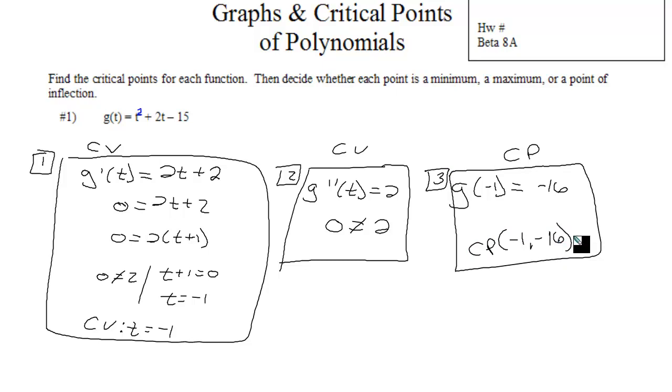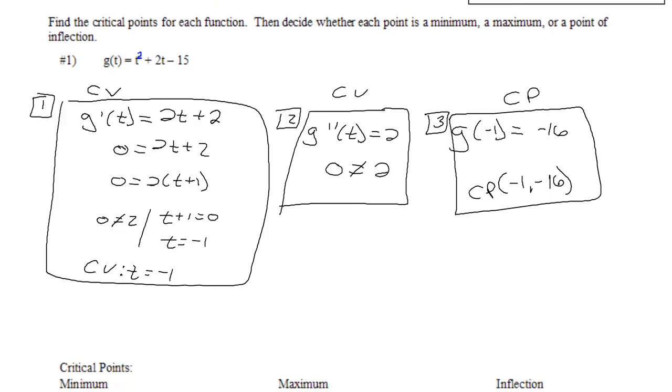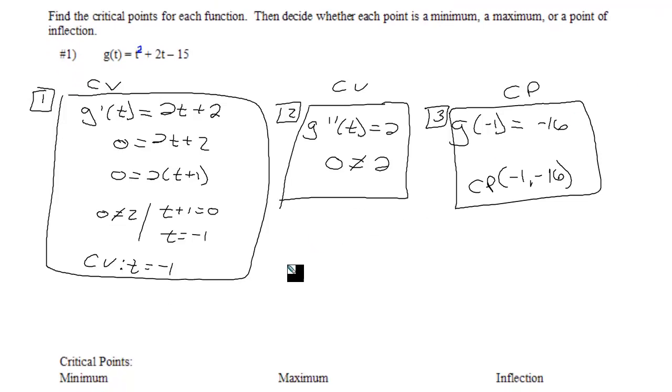Now we need to decide, is this critical point a minimum, a maximum, or an inflection point? So this is step 4. I'm going to take the x value from my critical point, which is known as the critical value. I'm going to pick other x values close to that, one to the left and one to the right, such as f of negative 2 and f of 0.